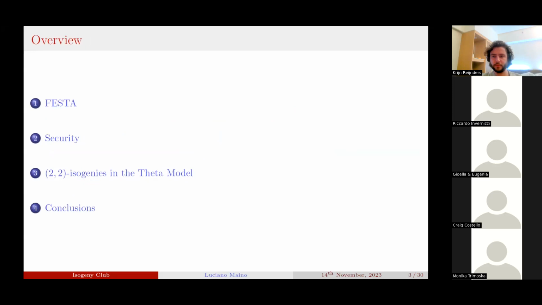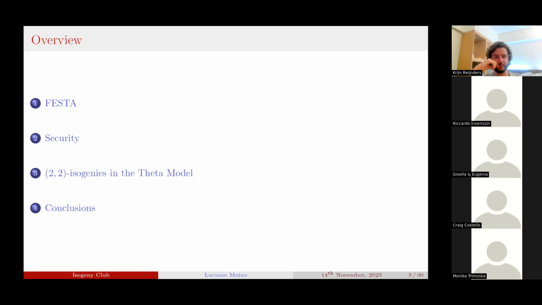So let me give you an overview of what I will talk about. First, I will introduce FESTA, how FESTA works. Then I will discuss its security, and I will try to convince you and also convince myself that the protocol is robust enough. And then I will argue that it's robust enough so we can actually focus on speeding up other building blocks.